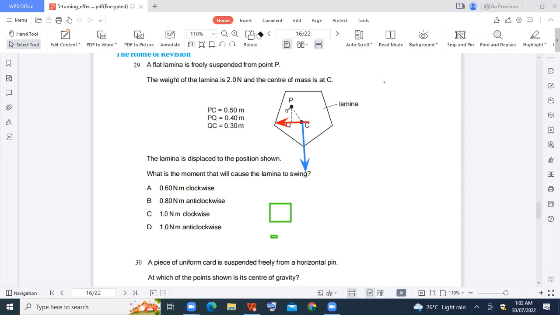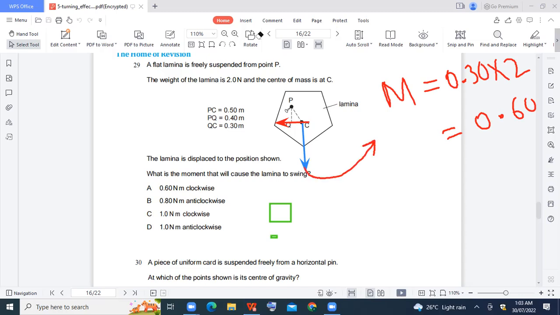So the moment would be the perpendicular distance, which is 0.3, times the weight, which is 2 Newton. So it would be 0.60. So the lamina is actually going in this direction, which is an anti-clockwise movement.